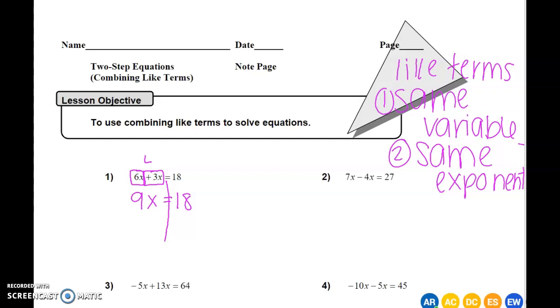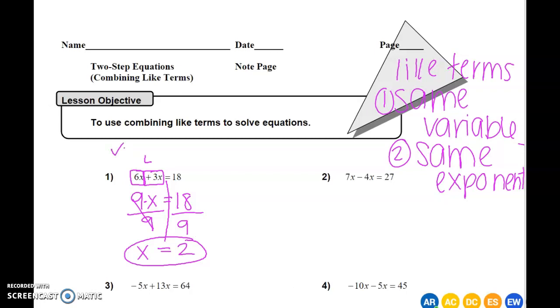And now I'm just going to solve it like a normal one-step equation. So I'm going to undo this multiplication by doing the opposite or the inverse operation on both sides, which is division. So I'm going to divide by 9 on both sides, and I get x equals 18 divided by 9, that is 2. Okay, and then I can always check my answer by putting it back in for x.